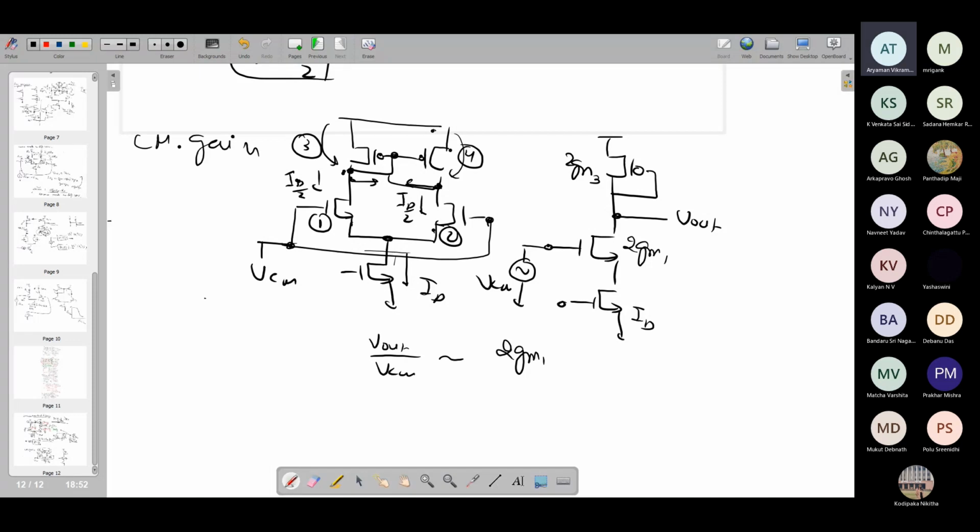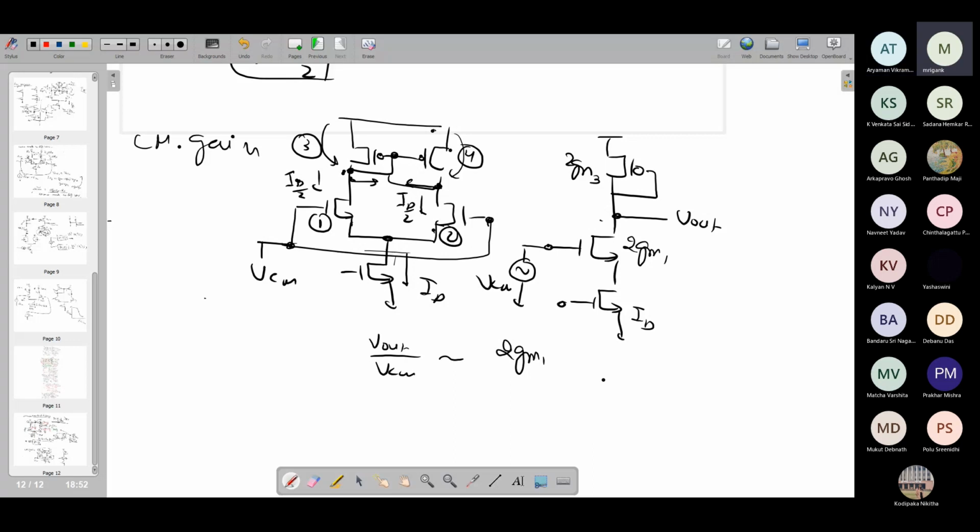Sorry, the RO output resistance of the lower third MOS, just for the current source. What will come in the numerator? Like this is like common source with regeneration. So what is the output? I need to name the third transistor.